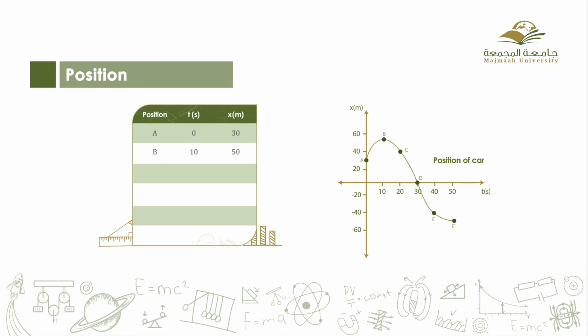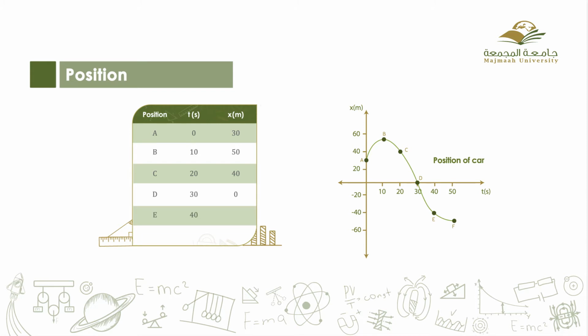Then it becomes closer to the reference point at point C, which is 40 meters from the reference point. Then it comes back to the reference point, so the distance is 0 after 30 seconds.